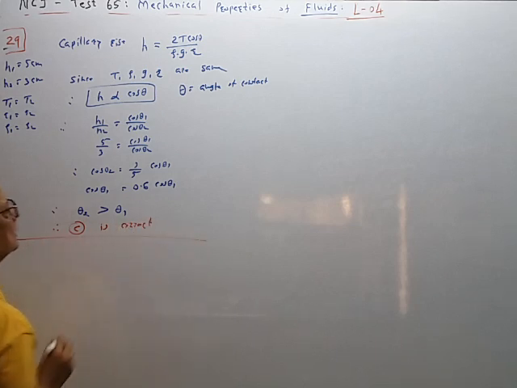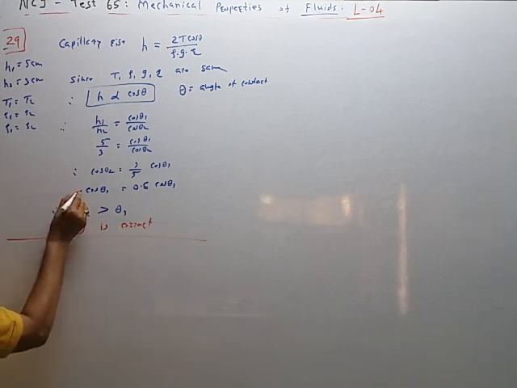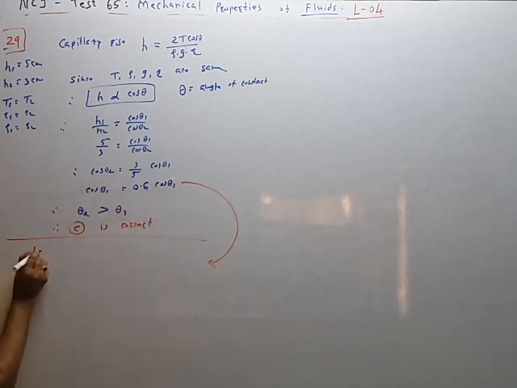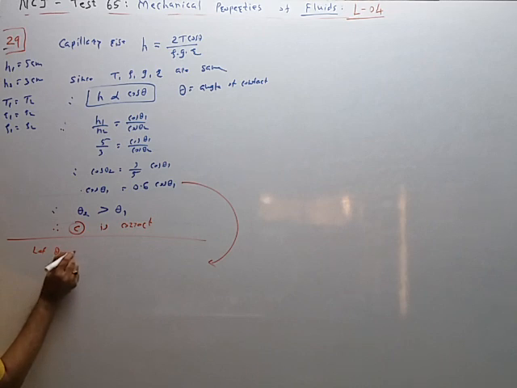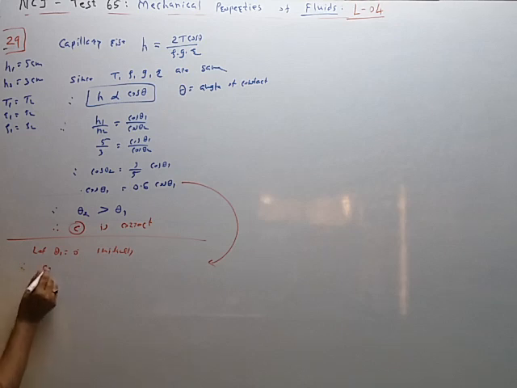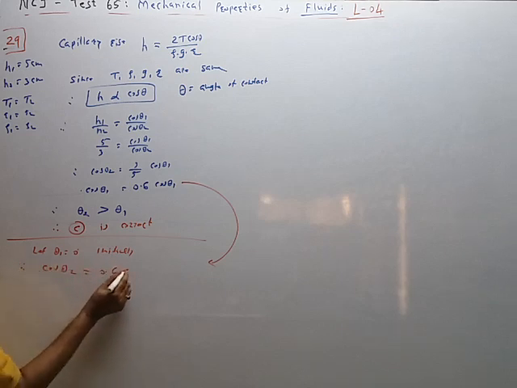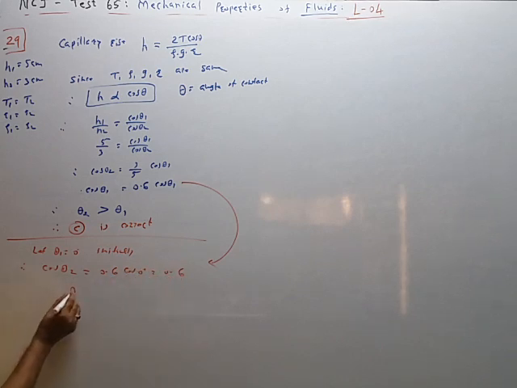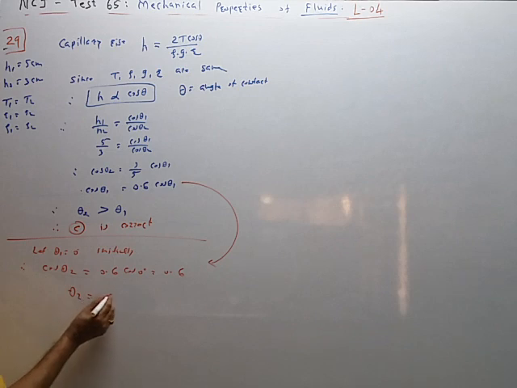C is correct. So, you can verify this property. Let theta 1 is equal to 0 degree initially. Therefore, cos of theta 2 is equal to 0.6 times cos of 0 degree, which is 0.6, and therefore theta 2 is equal to cos inverse 0.6.